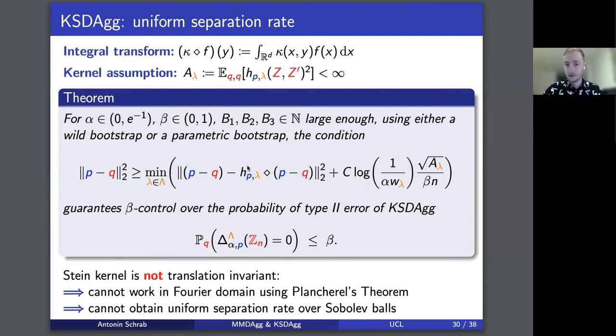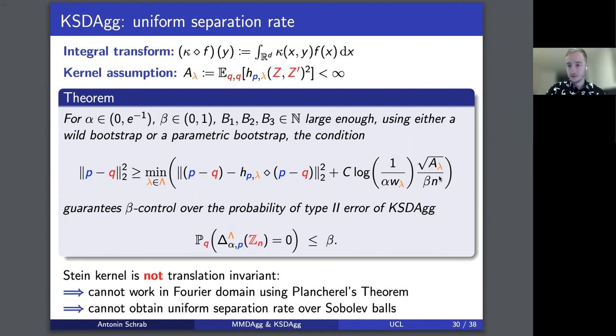Then we have a very nice property that the Fourier transform of a convolution is the product of Fourier transforms. And this reasoning does not hold anymore with this more general diamond operation when we don't have translation invariance. So because we're not able to transfer to the Fourier domain using this argument, essentially we're not able to obtain rates over Sobolev anymore.